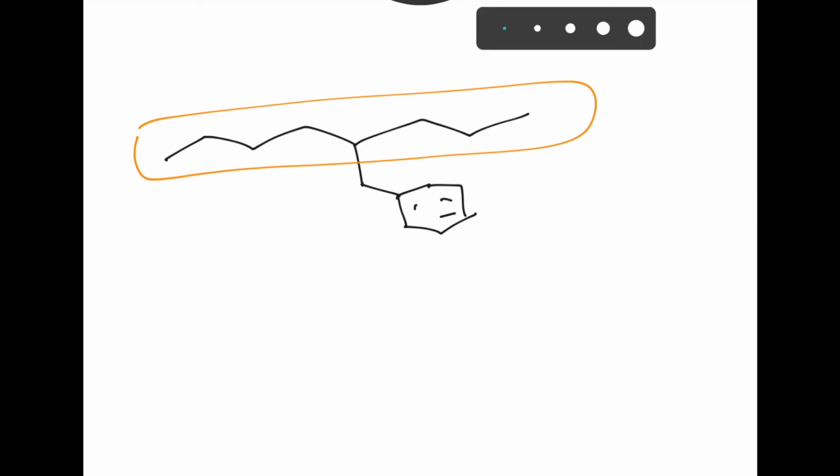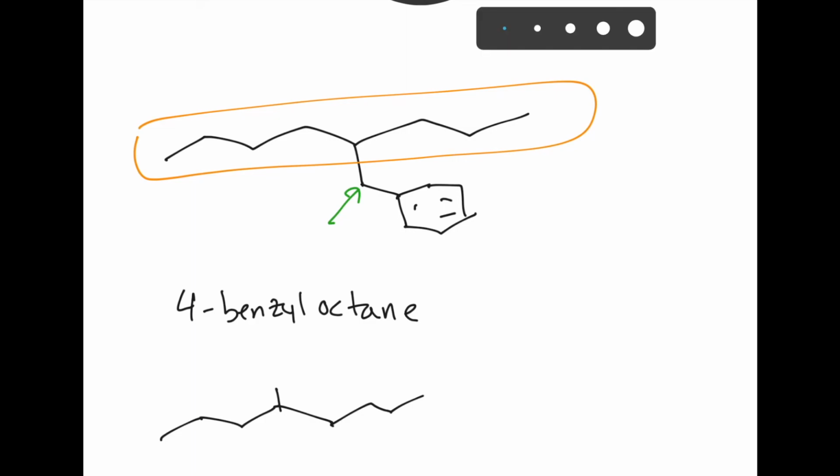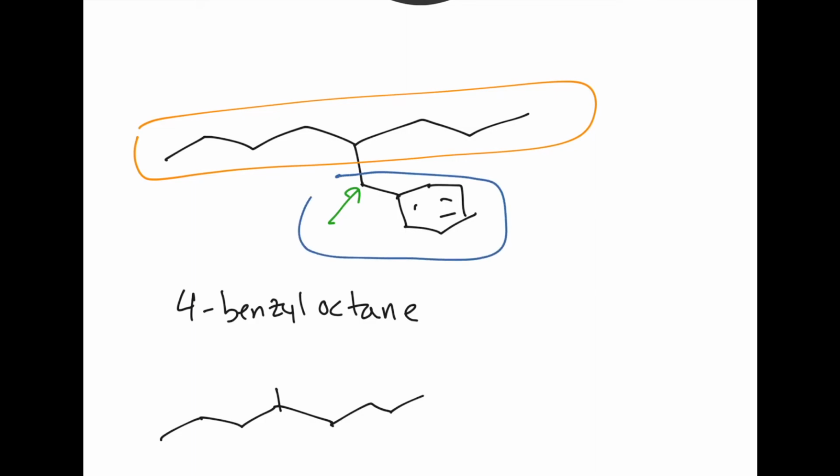So this is 4 benzyl octane. You go from phenyl to benzyl because now you're naming this entire thing that is the aromatic ring plus that benzyl carbon plus that CH2.